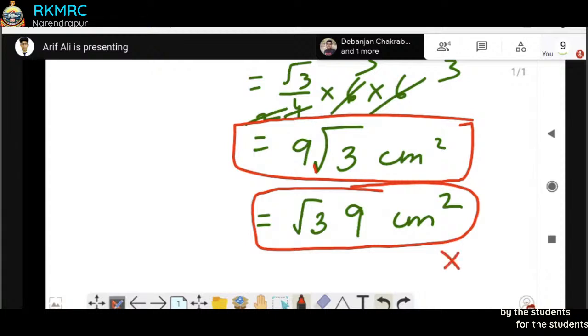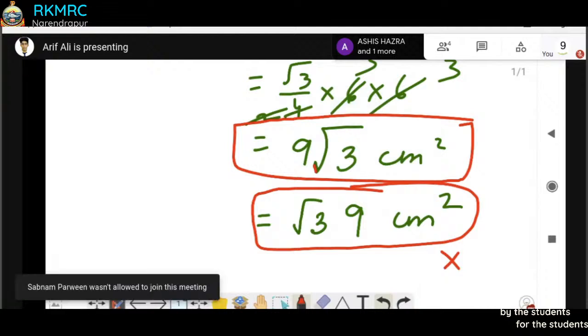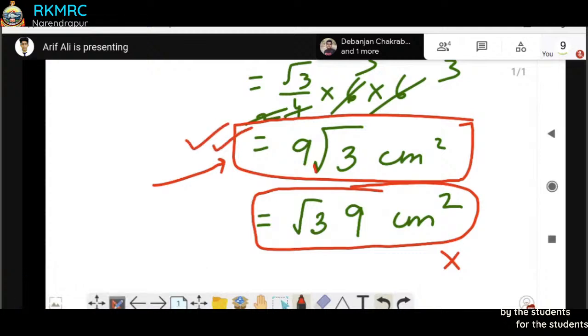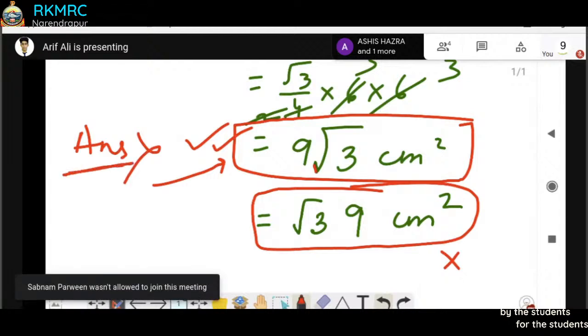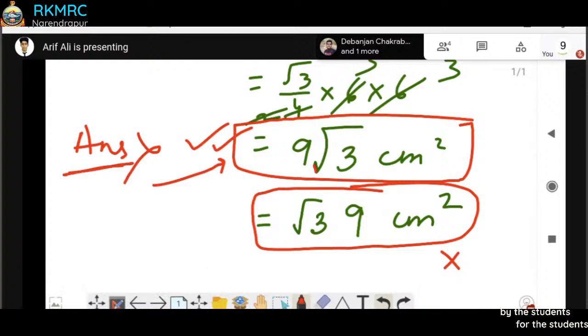Don't write like the other. This is not wrong, but you are not supposed to write like this. You write this type. So this is your answer. Both are safe, but write the first one.